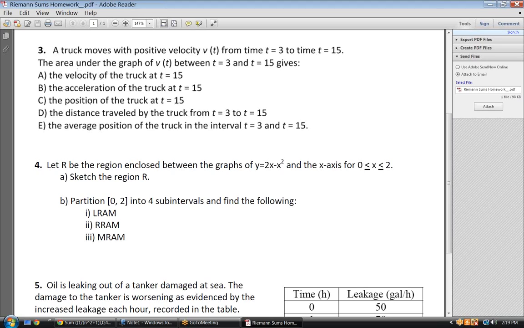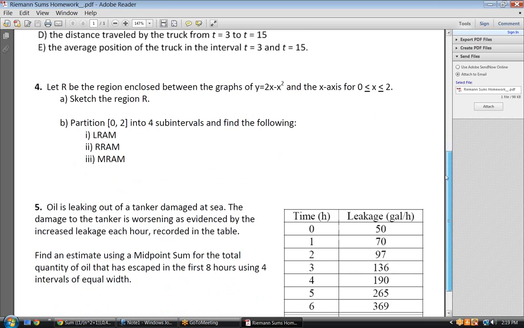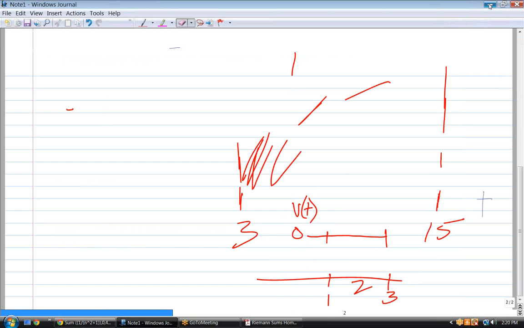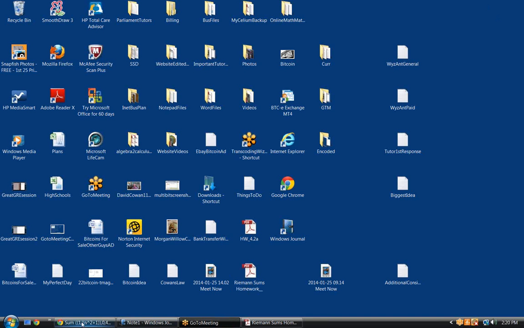Okay. So the answer here would be the distance traveled by the truck from t equals 3 to t equals 15. Now let's look at 4. Let me graph this on Wolfram Alpha.